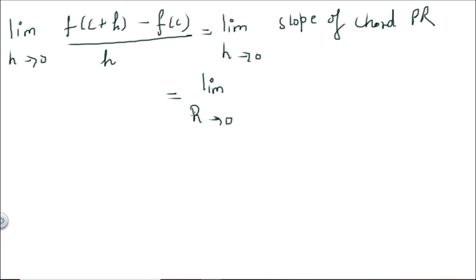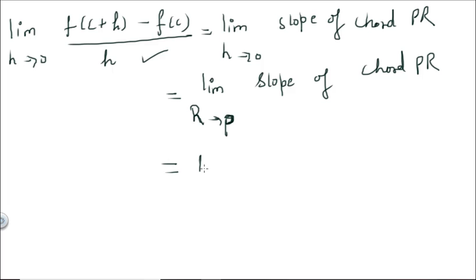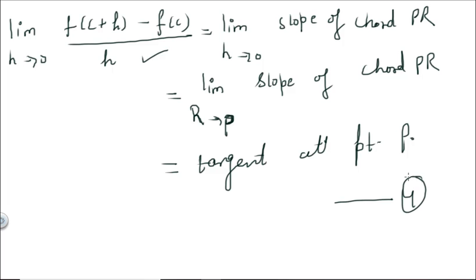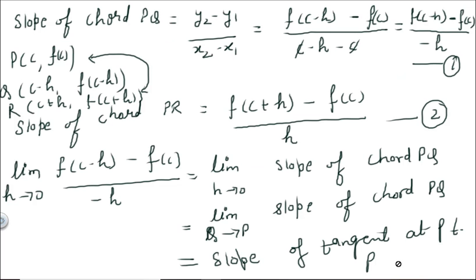So I will write that point R is tending to point P, that means h tending to 0 itself. This means the limit is applied to the slope of chord PR. Now, when point R is very close to point P, this chord will become a tangent at point P. Clear? Let this be your fourth equation and let this be your third equation.